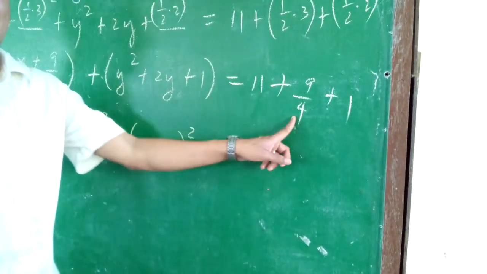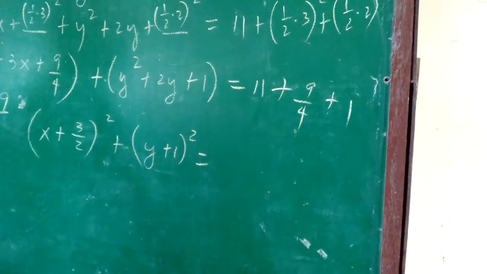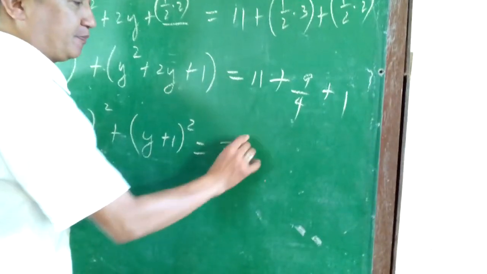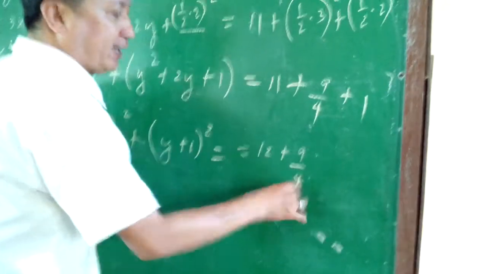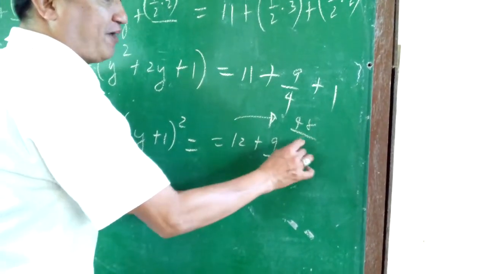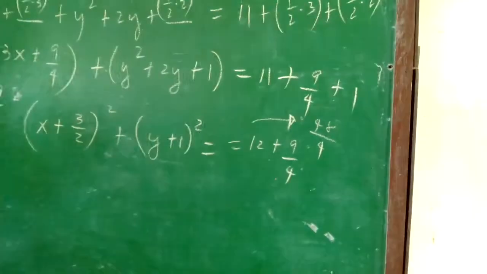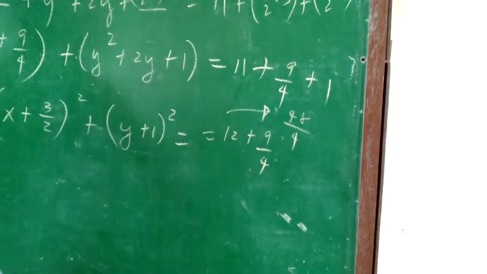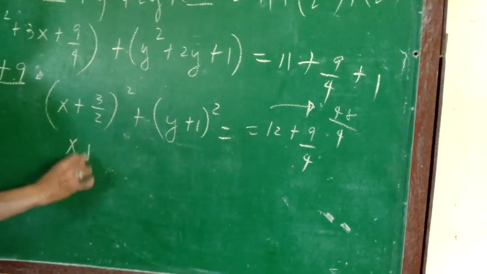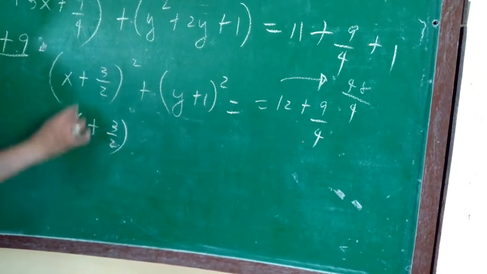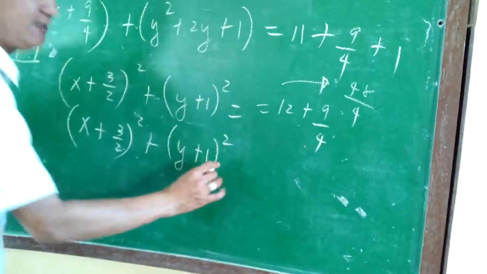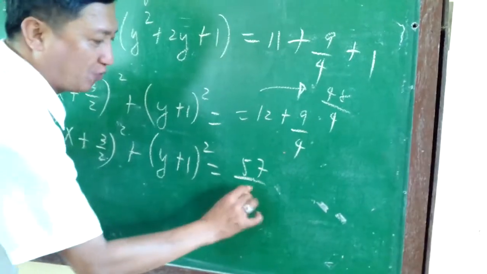This will be 12. This is 2 and 1/4. Or, if this is 12 plus 9 over 4, remember, 12 can be written as 48 over 4. Plus 9 over 4, that will be 57 over 4. So x plus 3 over 2 squared plus the quantity of y plus 1 squared is equal to 57 over 4.